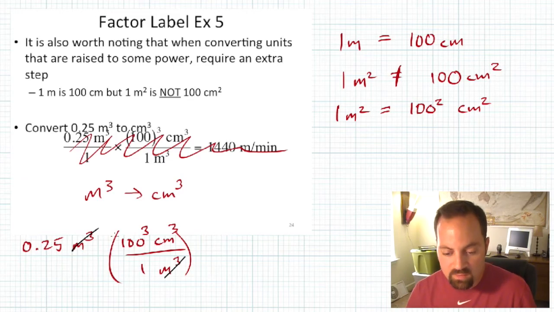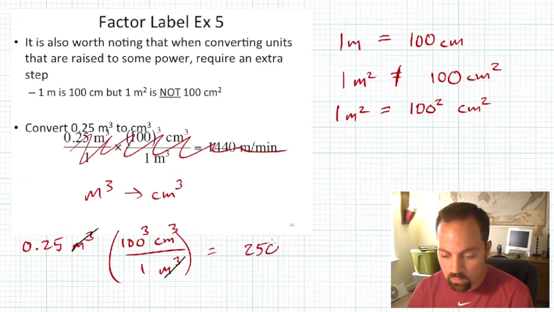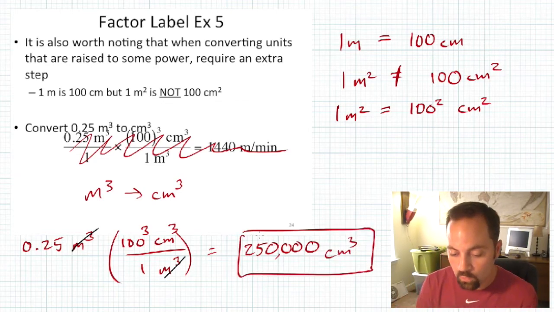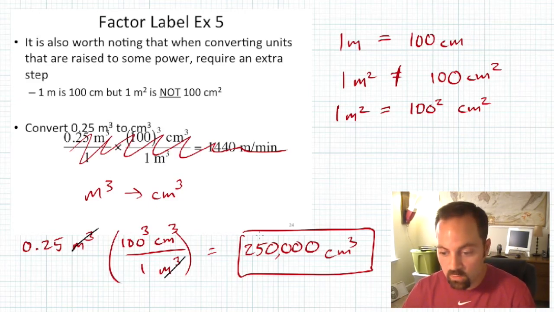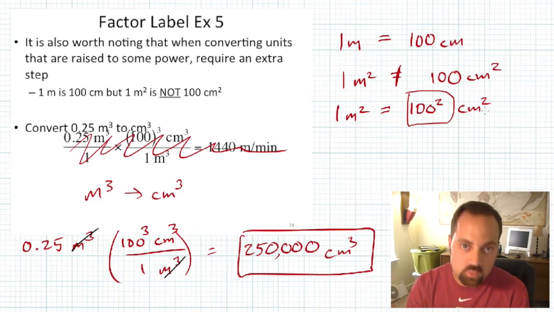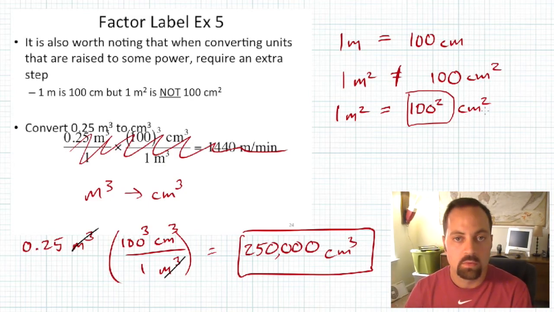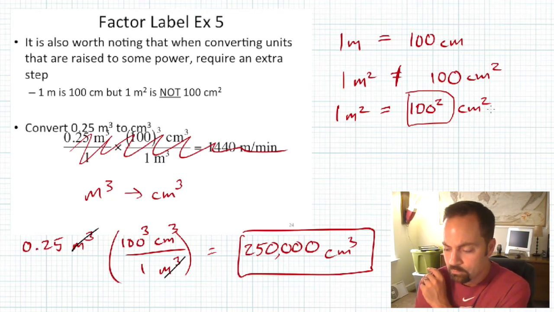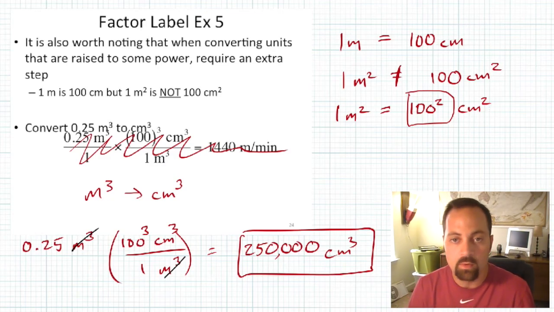So 0.25 times 100 cubed, I believe that is 250,000 centimeters cubed. Okay, just a heads up, you're not going to come across this very often, but when you do, you need to make sure you square the coefficient out front of whatever conversion you're making, as well as the actual unit itself. Okay, just a little heads up on that part of factor label.